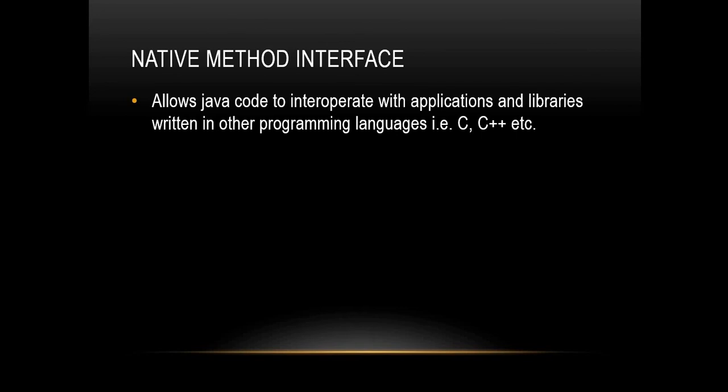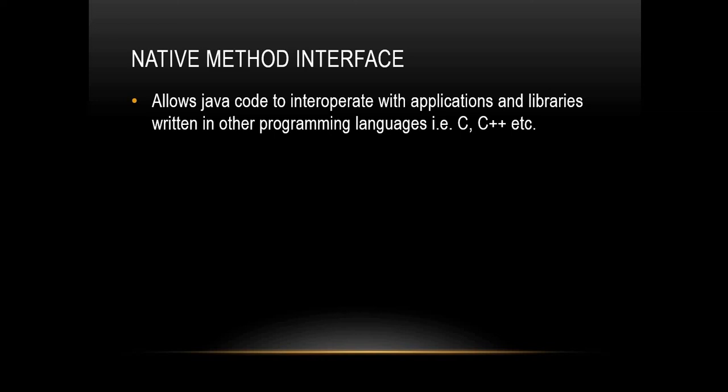It allows your Java code to interoperate with applications or libraries which are written in some other programming languages. So suppose your Java code needs to invoke any method of a class which is written in some other programming language, then also it is possible through Java native interface.